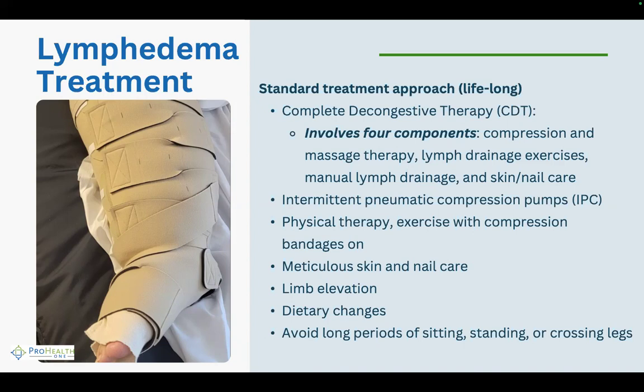And then, as we just talked about, very good skin care and nail care, keeping the limbs elevated. Dietary choices, trying to maintain a healthy weight, is very important for lymphedema treatment as well. And then avoiding long periods of sitting, standing, or crossing the legs is also another important thing with this.